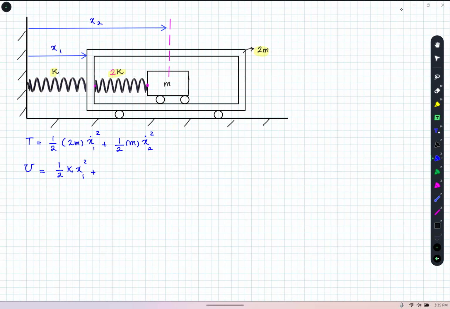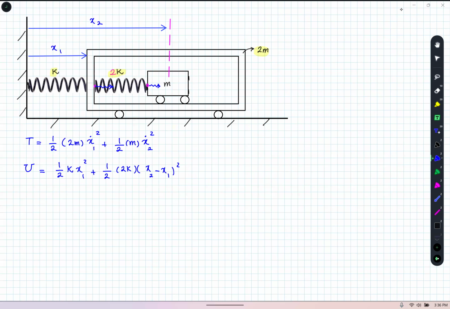Keep in mind, it is inside the cart. However, this is how we measure it. If you are standing outside and watching this spring 2K, you measure how much it moves from the right side and how much it moves from the left side. So you're going to conclude that this spring actually moved by x2 minus x1, squared.